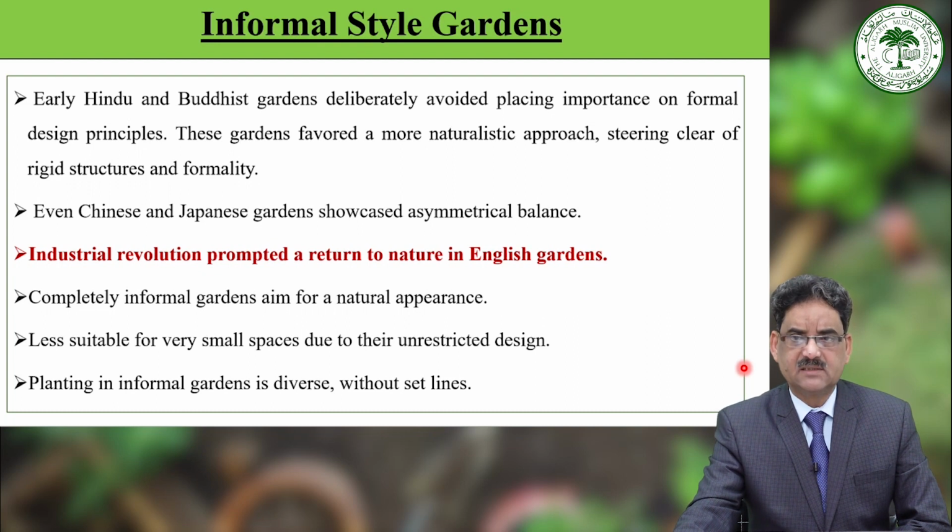Even Chinese and Japanese gardens showcase the skillful application of asymmetrical balance. The deliberate arrangement of elements in these gardens achieved harmony without adhering strictly to symmetry, highlighting the profound appreciation for the beauty found in irregularity and asymmetry.